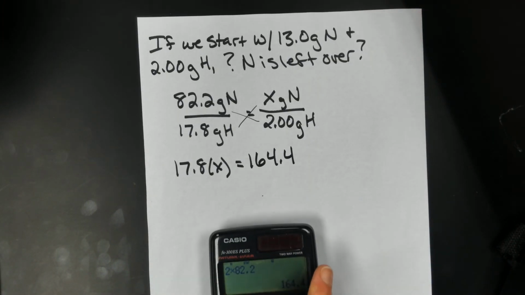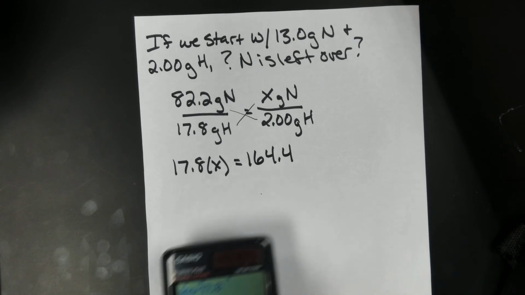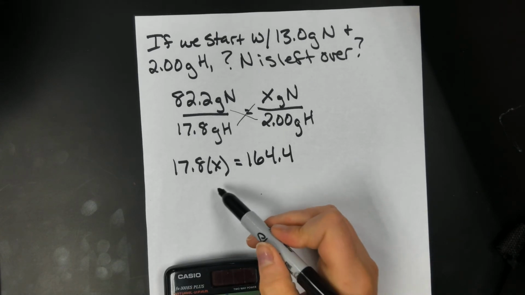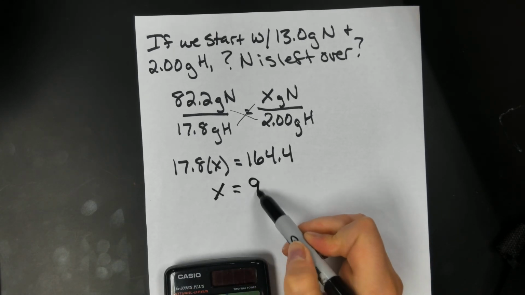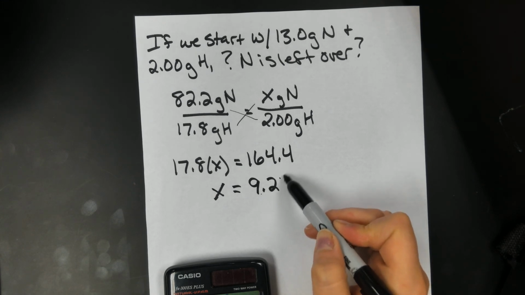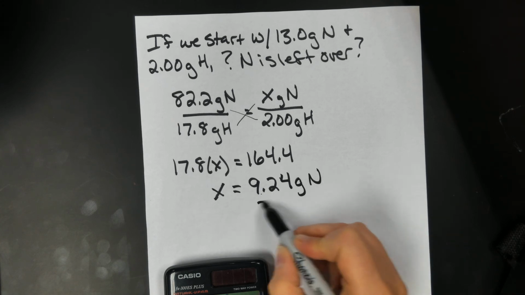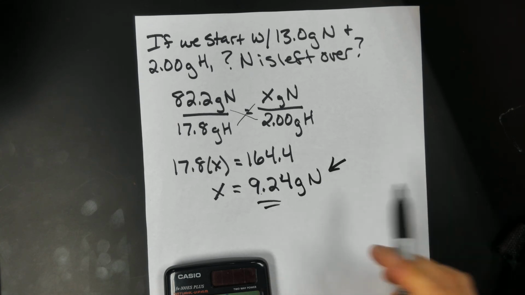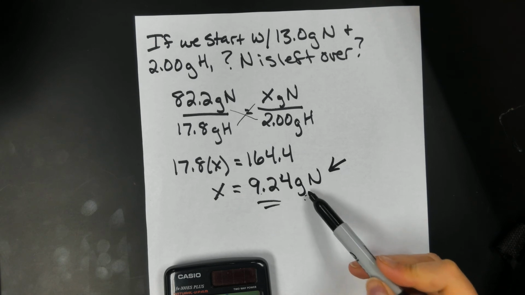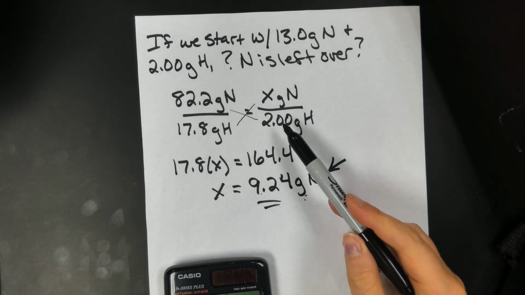Then we take 164.4 and divide by 17.8. We get x equals 9.2, we won't round too early, we'll say 9.24 grams of nitrogen. So this means we need 9.24 grams of nitrogen to react with 2 grams of hydrogen.